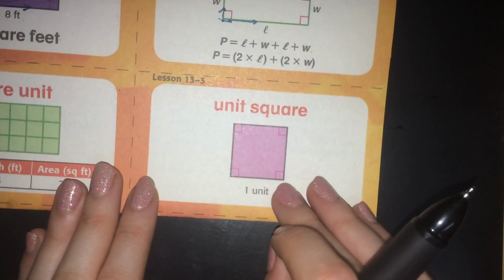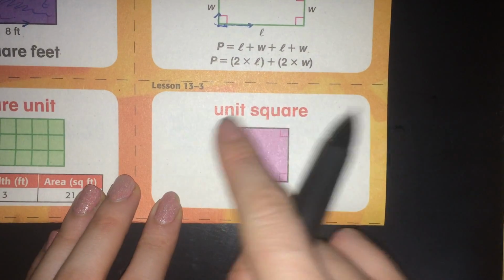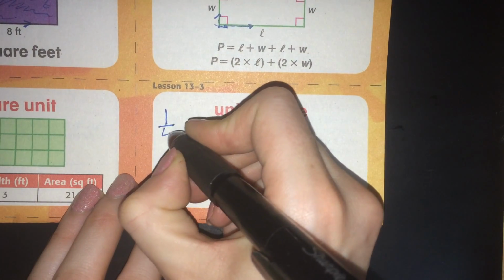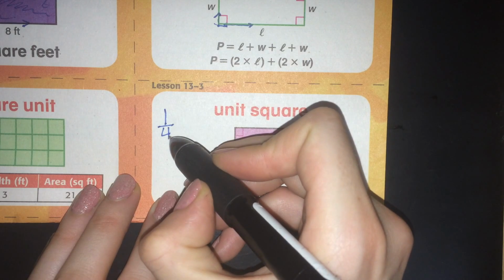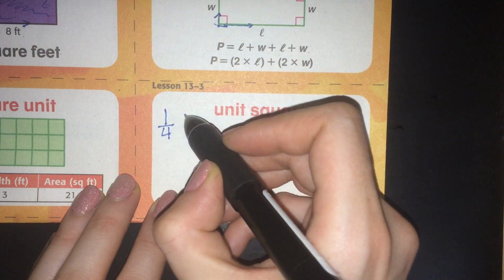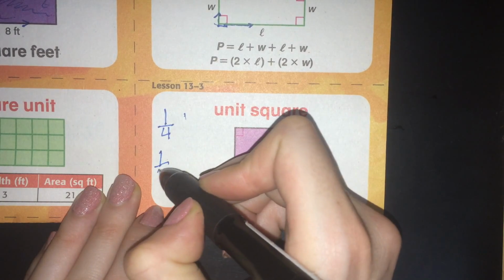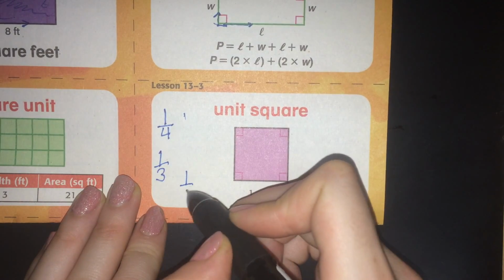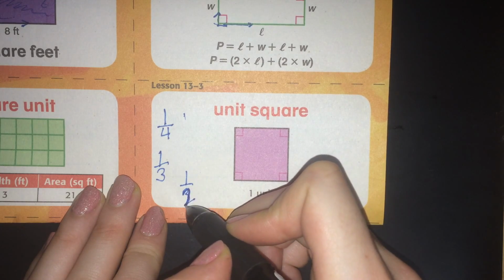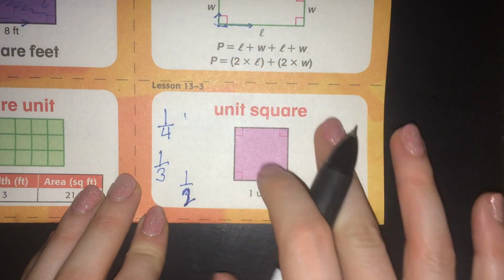Now remember back to fractions when we talked about a unit fraction. A unit fraction was like this. It was one part of a fraction with the denominator. Or it could have been 1/3, or 1/2. Those were unit fractions. So this is a unit square.